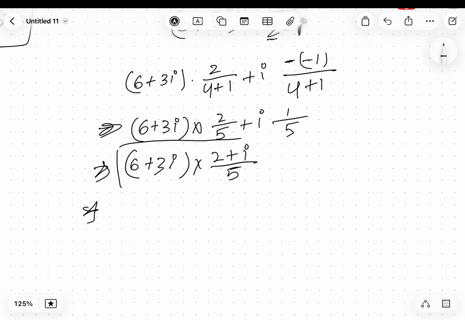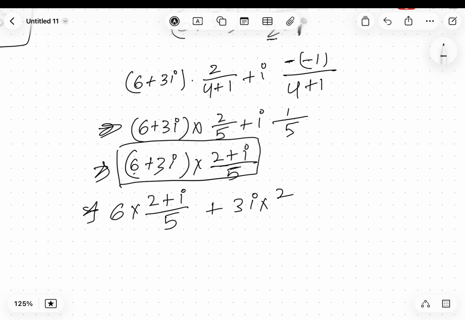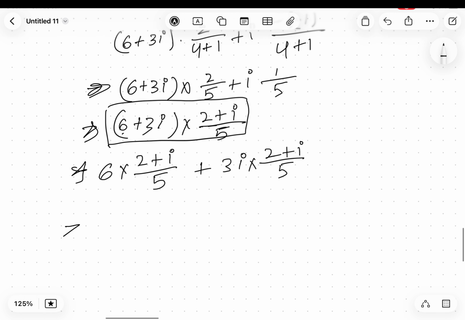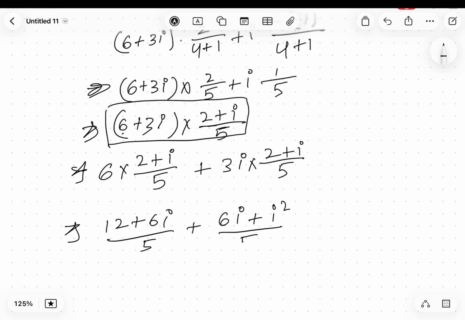Now we have found the answer. If we multiply this, simply we will get the answer. So we will multiply all these with 6. So it will be 6 into (2 plus i) by 5, plus 3i into (2 plus i) by 5. So it will be 12 plus 6i by 5 plus 6i plus i square by 5.